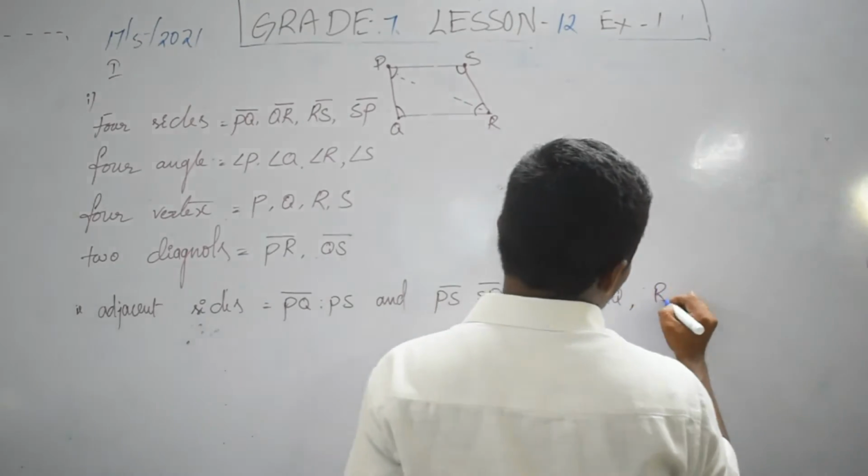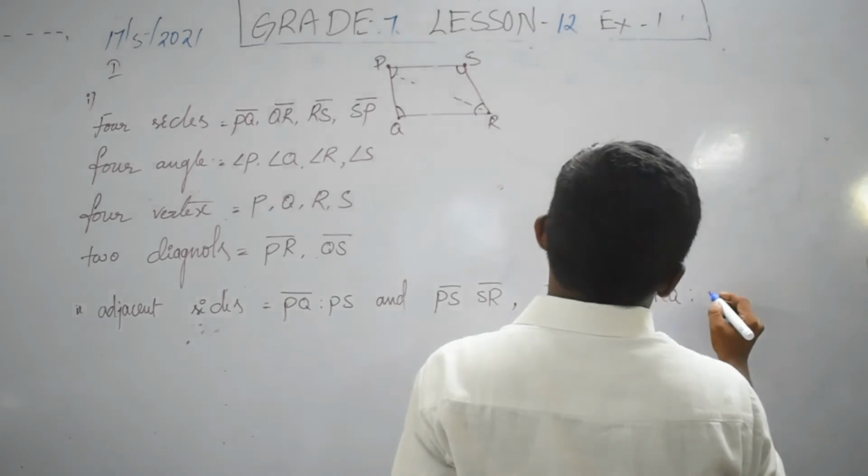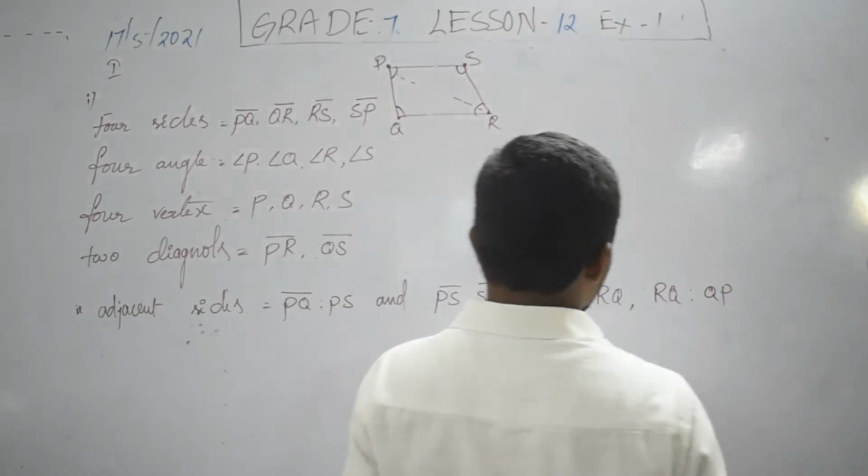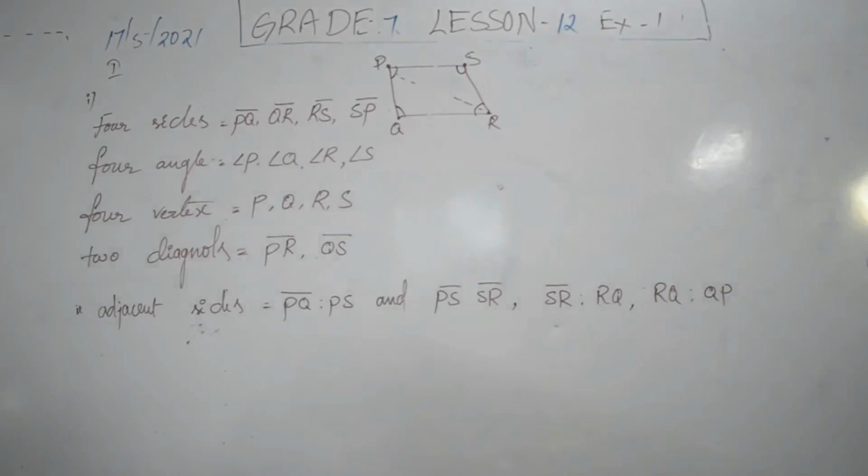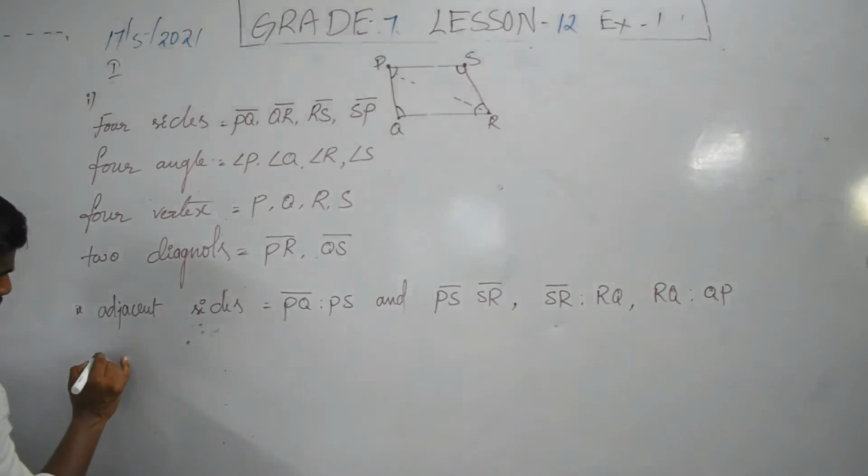Next RQ, QP. These are four adjacent sides. Next, adjacent angles.